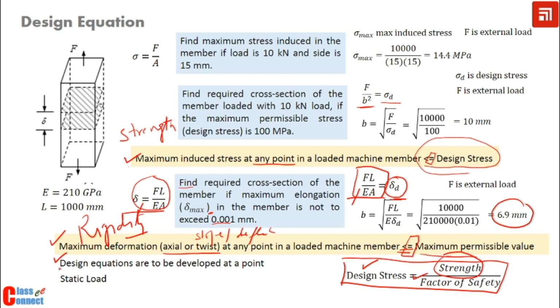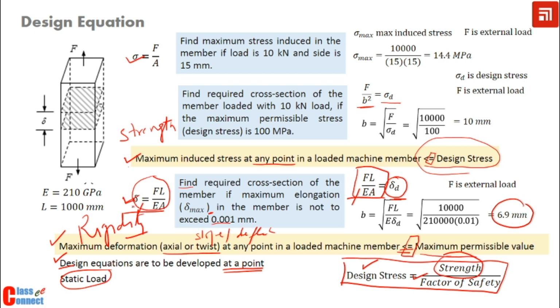We should also note that the design equations are to be developed at a point, because we are always calculating stress at a point, number one, and even deformation at a particular point. So we are writing design equations at a particular point, and these design equations are for static load.